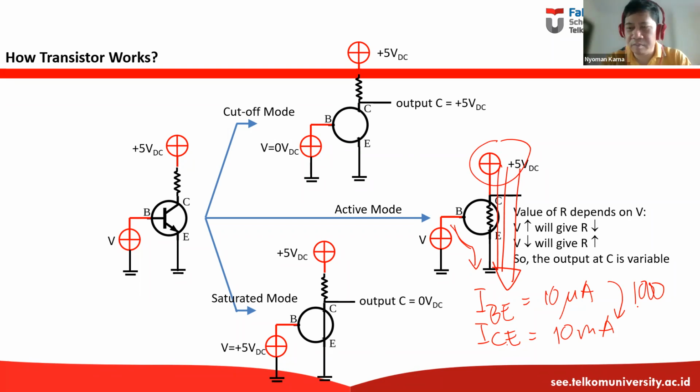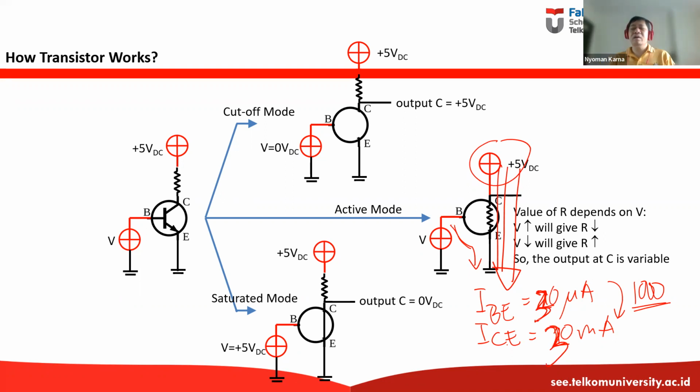How about if I change the current from base to emitter? Let's say we put it into 20 microampere. Then the current from collector to emitter also will become bigger, which is 20 milliampere, because the amplification is still the same, which is 1000. How about if I change the current to become 30 microampere? Then this will become 30 milliampere.